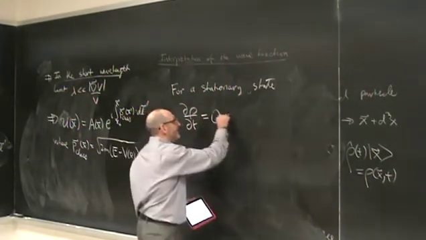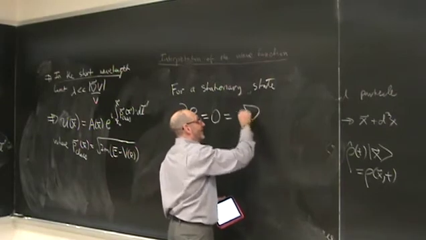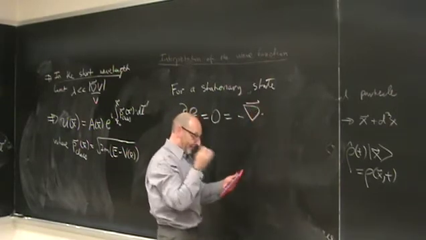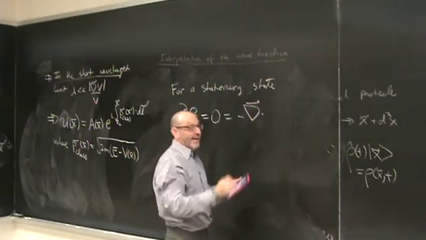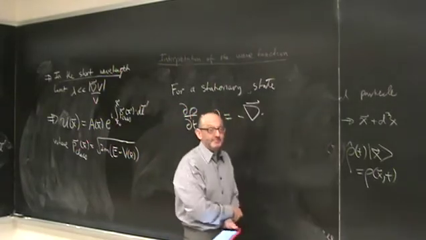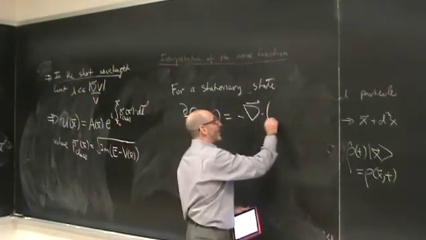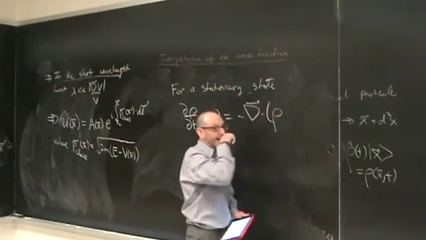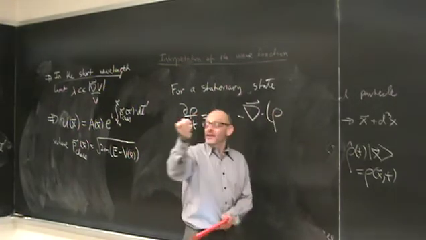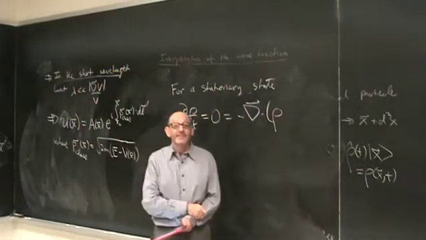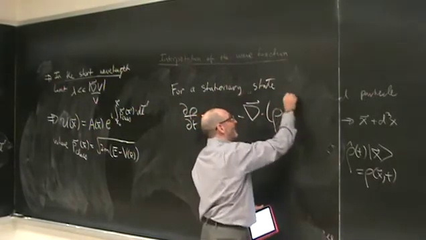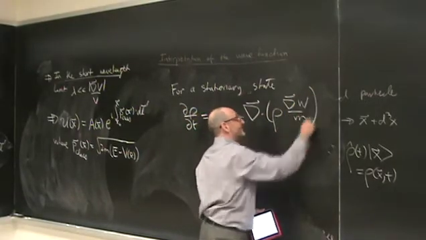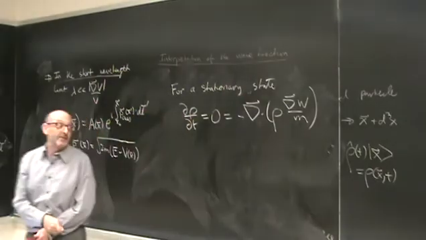But d rho dt is minus the divergence of probability current, right? And what's the probability current? Well, the probability current is the local probability density times the gradient of the phase over mass. That's what we said.